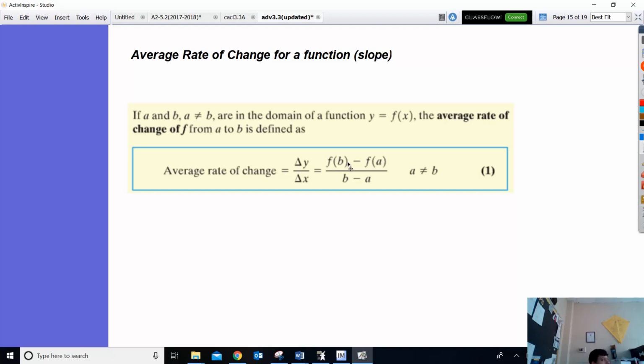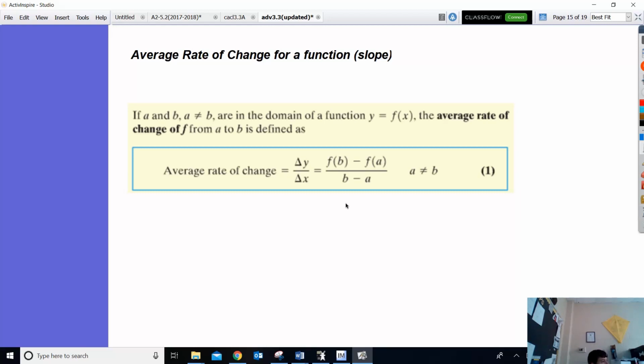Y values. All this is saying is y minus y sitting over what? A and b are x values, kids. X minus x. It's just another way. It's a function form for slope. That's all it is. It's the function version of slope.